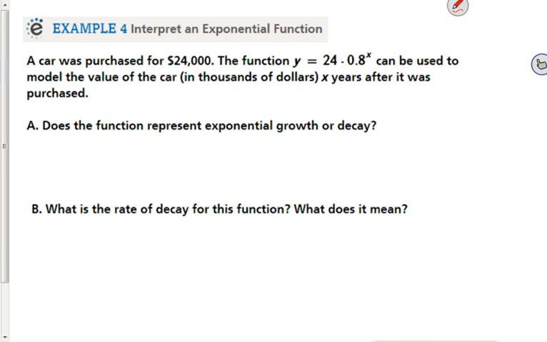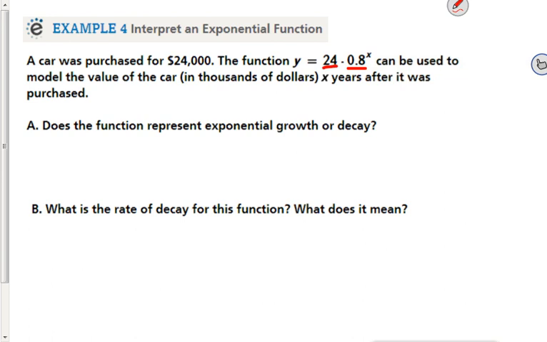Okay? So based on our understanding of exponential functions now, there's our a value, which we now know is the original value of the car, 24,000. 24 for the a value, they correspond. There's our b value, 0.8.